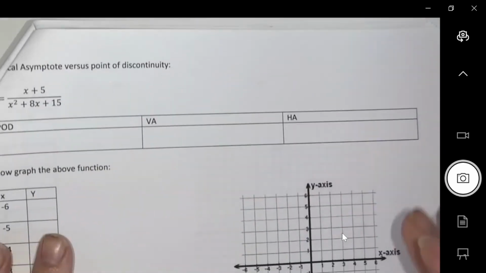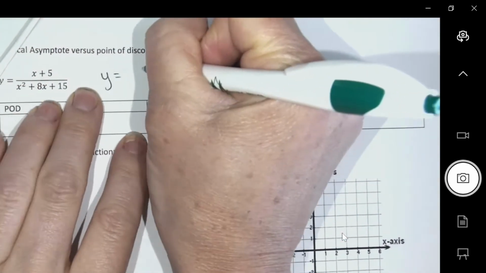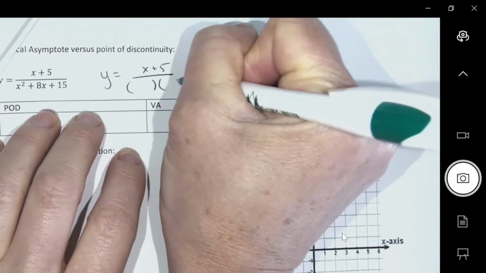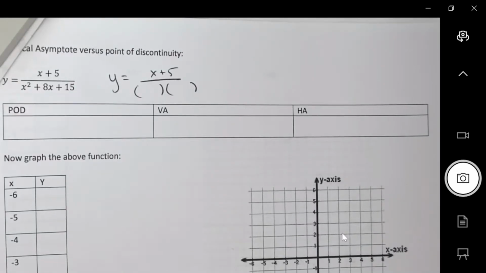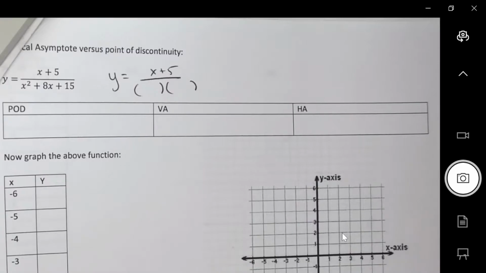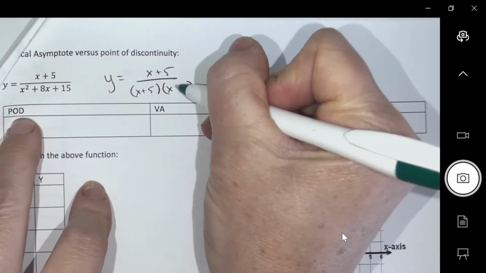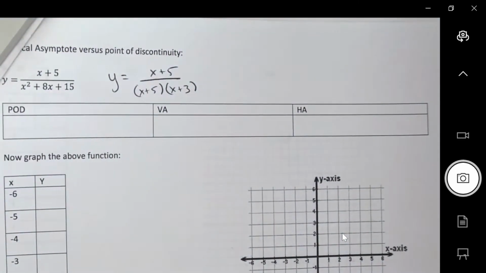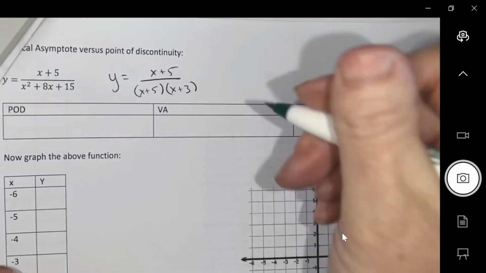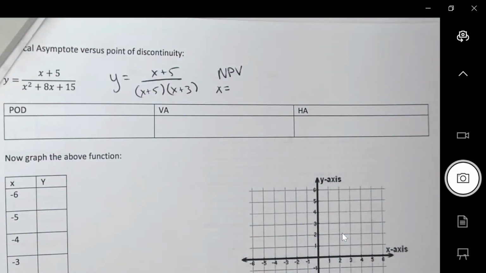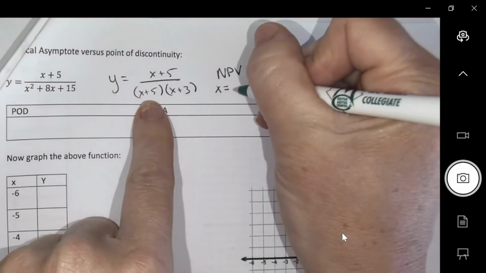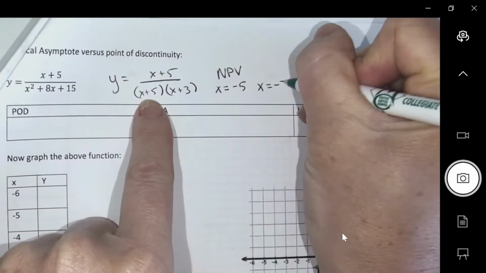Okay, number 1. First step. Give me the factors of the bottom there. So x plus 5, x plus 3. What numbers am I not allowing x to be? I don't ever want a -5 or a -3.